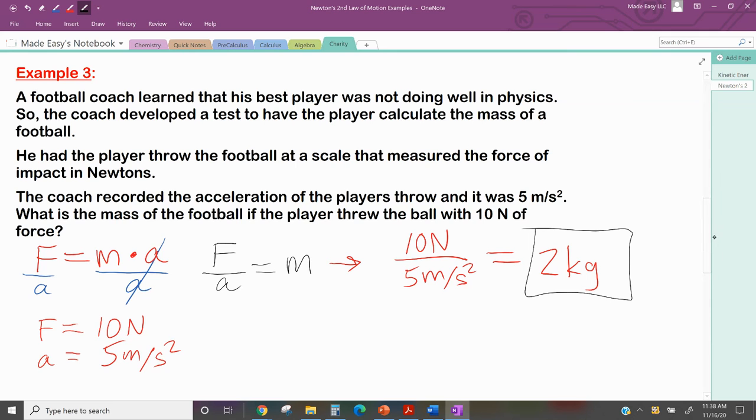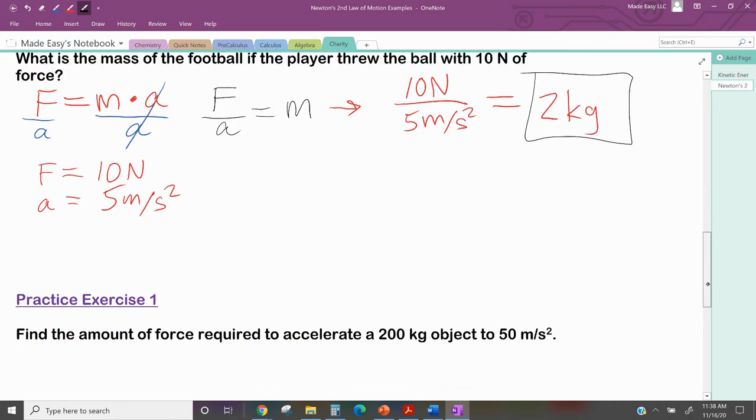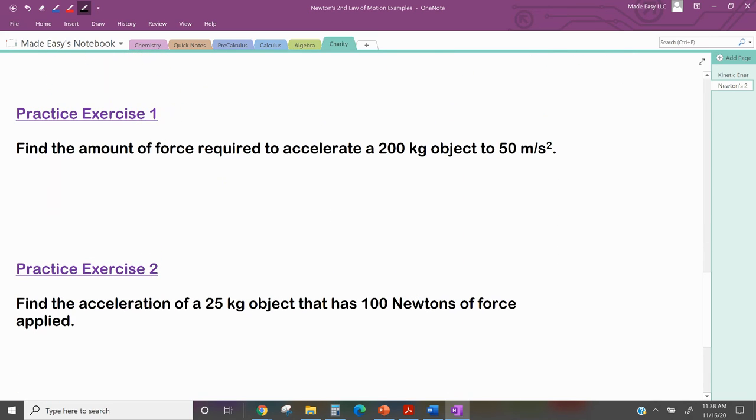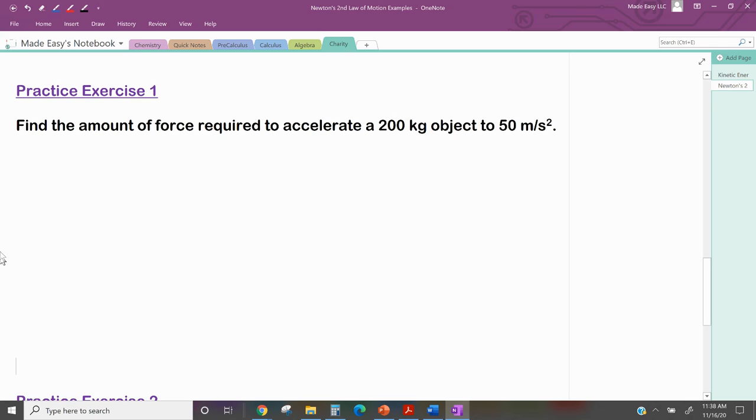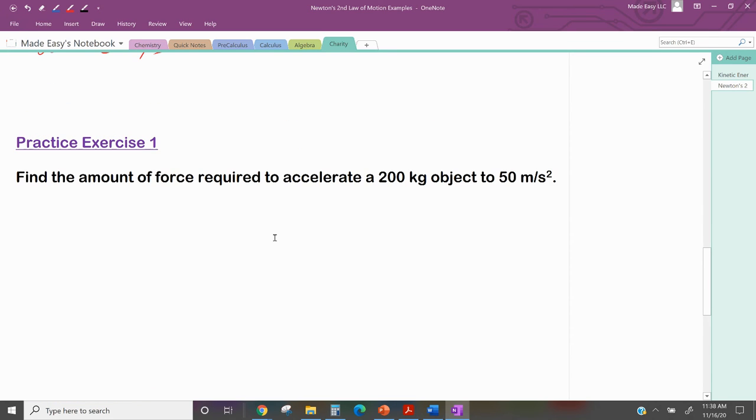Okay, now that we've done 3 examples, let's do a practice exercise. Find the amount of force required to accelerate a 200 kilogram object to 50 meters per second. So we're going to start with the equation. Force equals mass times acceleration. Well, what is the mass here?